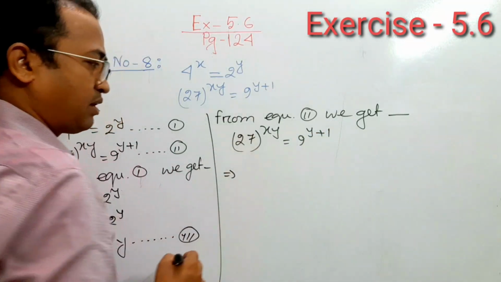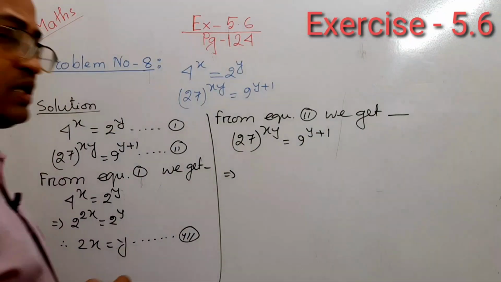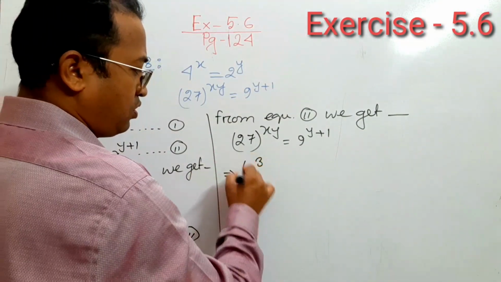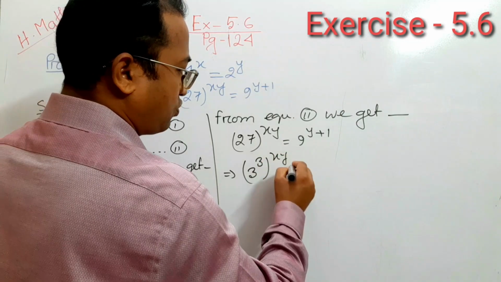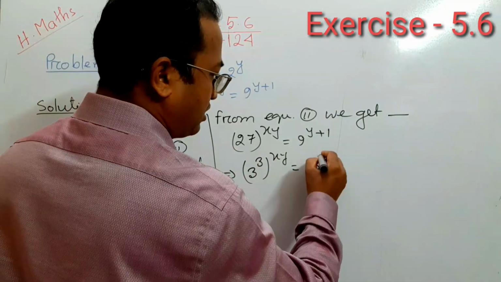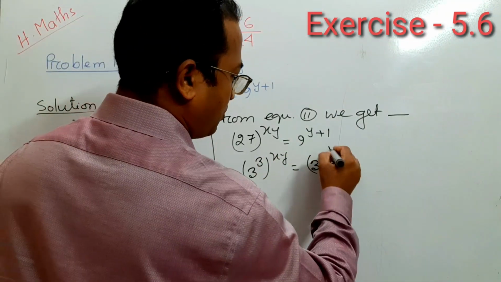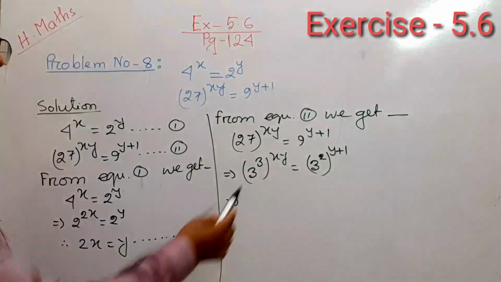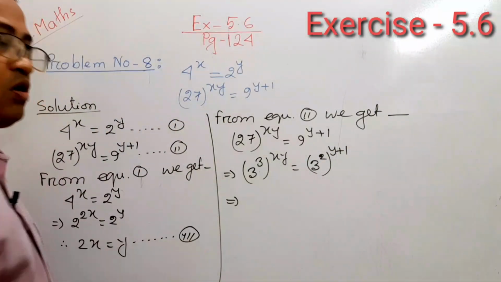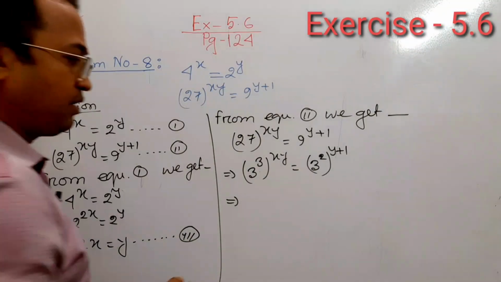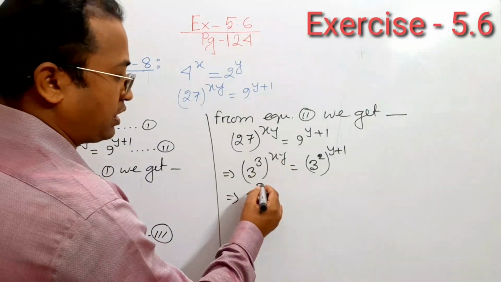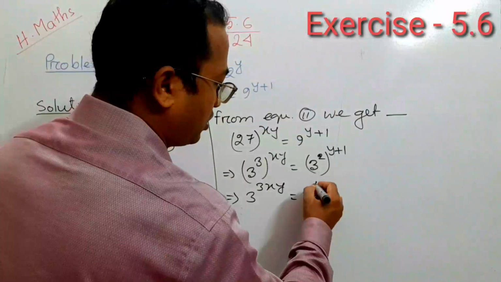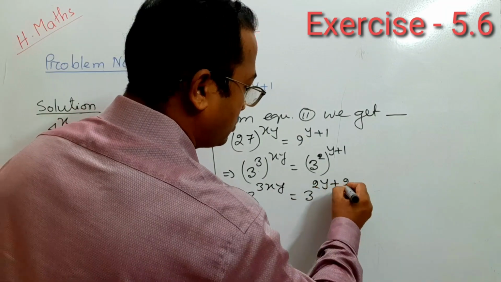So 27 we can write as 3 cube, whole to the power xy, and 9 we can write as 3 square, whole to the power y plus 1. Now we will multiply the powers. Power of a power is always multiplied. That gives 3 to the power 3xy, and 3 to the power 2y plus 2.